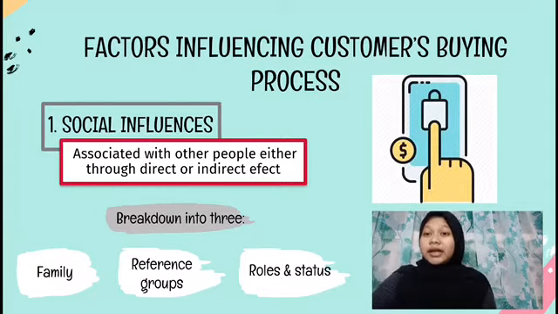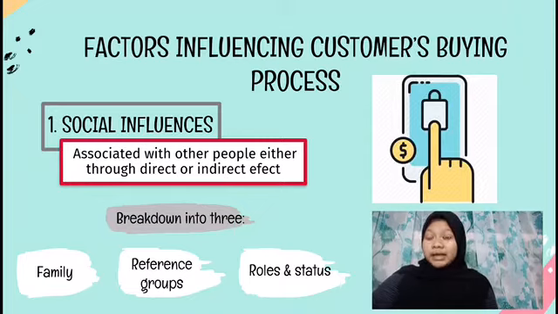Direct effect is direct communication between the individual and other members of society. Meanwhile, indirect effect is the influence of a society on an individual's basic values and attitudes. Social influences are broken down into 3 factors, which are family, reference group, and roles and status.